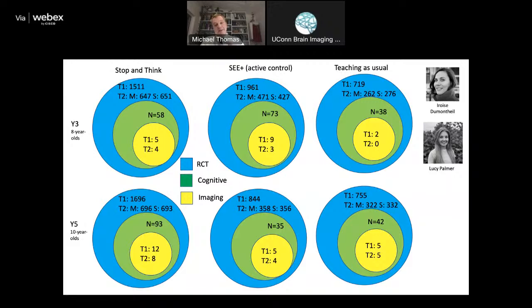Nested within that, we had some kids, and you can see the participant numbers here, do behavioral tasks as well around inhibitory control and reasoning and so forth. And nested within that, we had some kids who we did brain imaging, functional brain imaging, time 1 and time 2, before and after the intervention, to have a look at training effects.